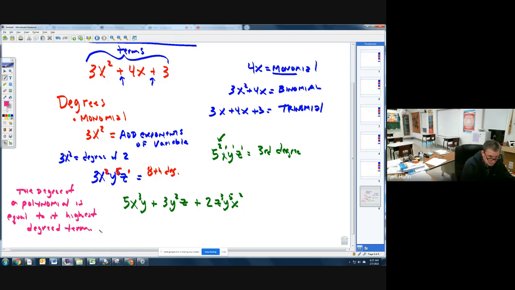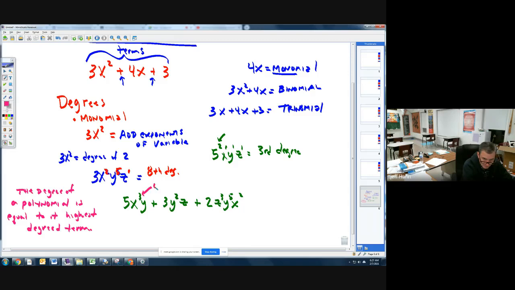Give you a chance to finish writing that down. The degree of a polynomial is equal to its highest degreed term, which means this. You don't add up all of the exponents of all of the terms. You look at each term individually.